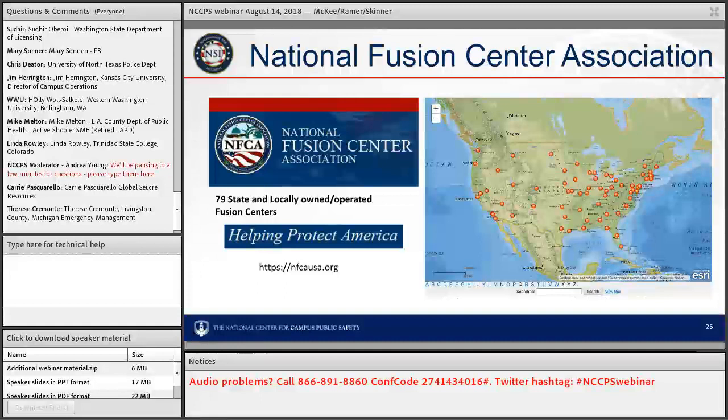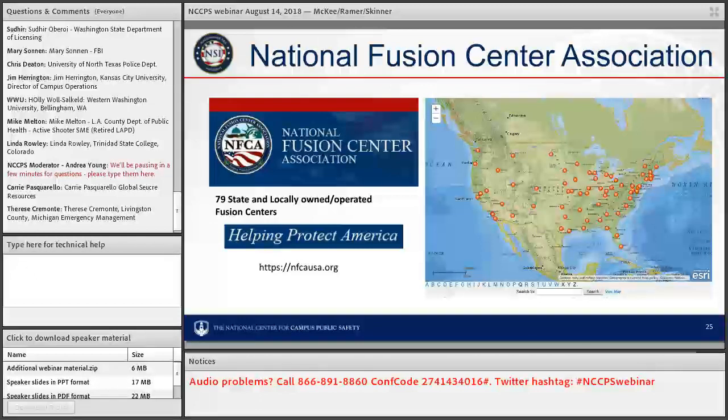So in the event that your college or university is not familiar with the location or who to contact at your representative fusion center, that information is available at this website, nfcausa.org. They have a real handy map there. You can go there, and all the access information is available there.